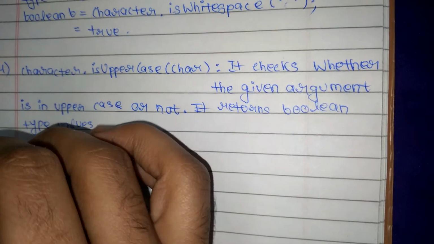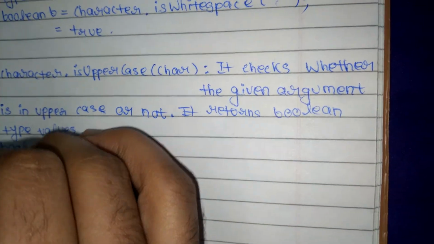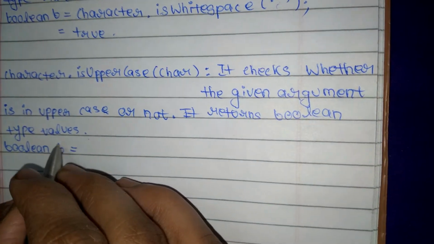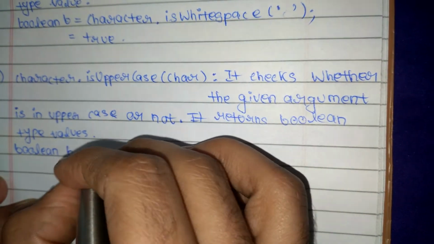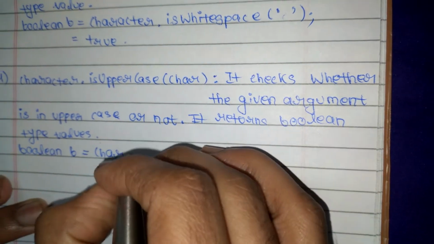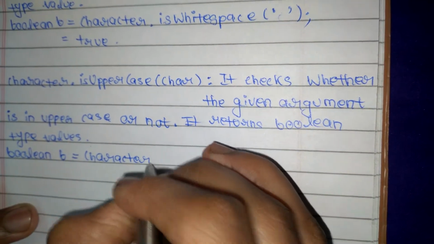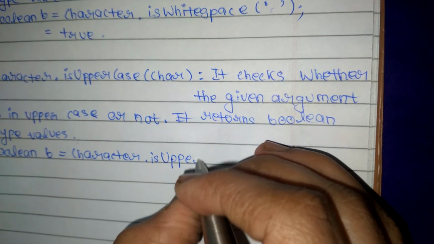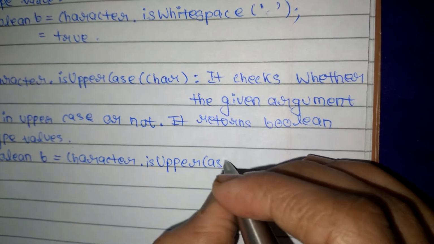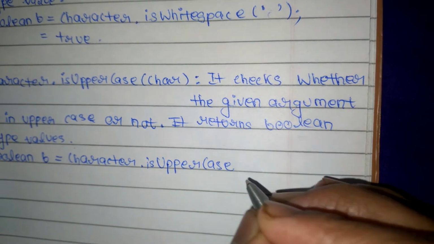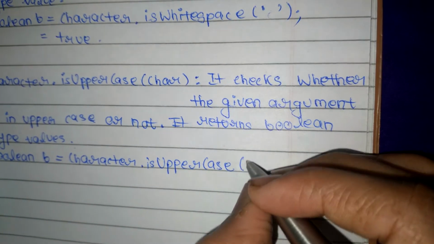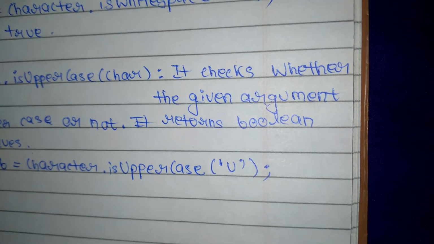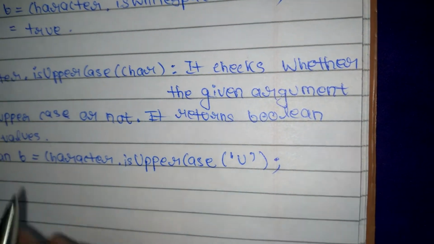Example, I am taking a variable boolean b is equal to, you can take any variable, is equal to Character.isUpperCase. Here both the U and the C of UpperCase would be in capital, and u is a character, so I have written it in single quotes.